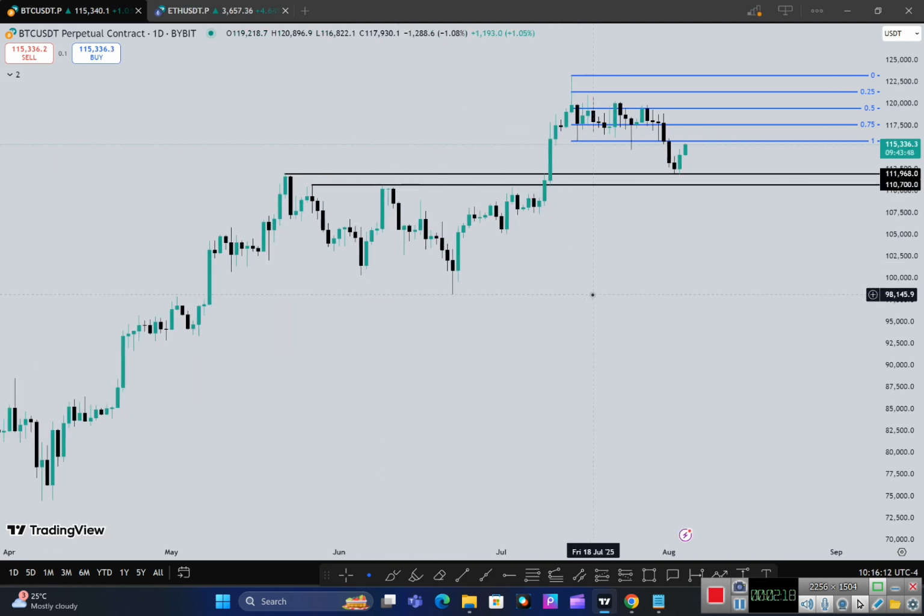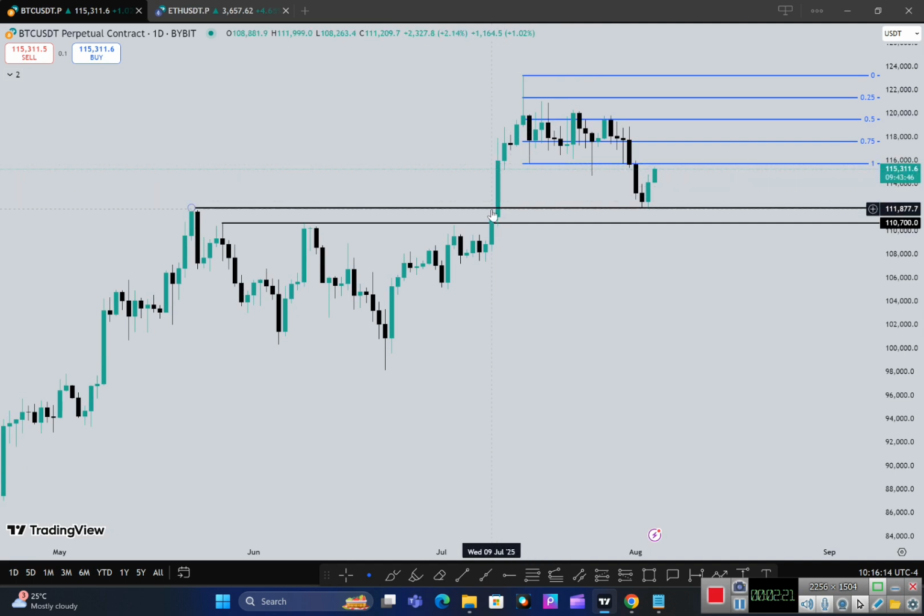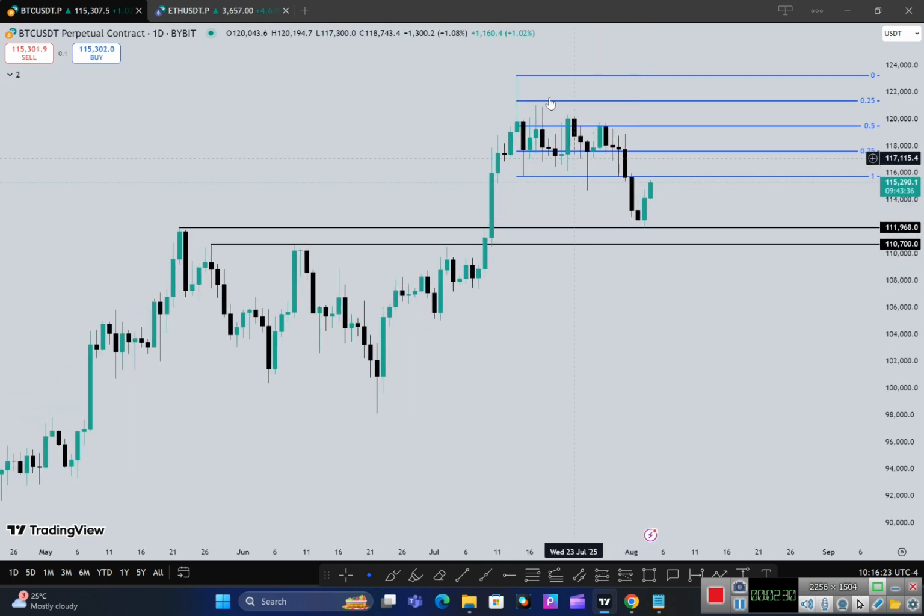So we have these two levels. We also have this daily fair value gap that has acted as a support, and here it is also holding the price. So now we have marked our time-based range, which was the most relevant weekly candle range, and we have marked this area of value.